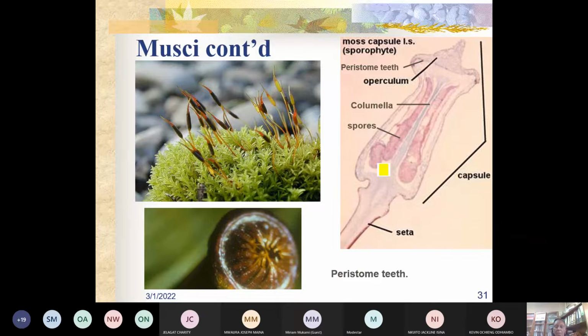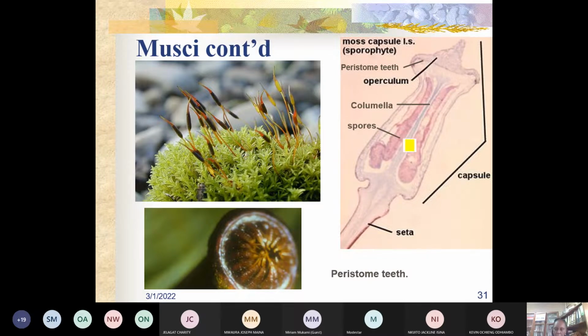So these are more examples of the way the capsule looks. You can see, trying to look for the calyptra, which I believe is this. Then we have the operculum, should be inside here.